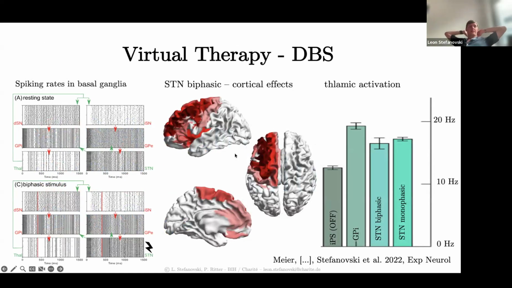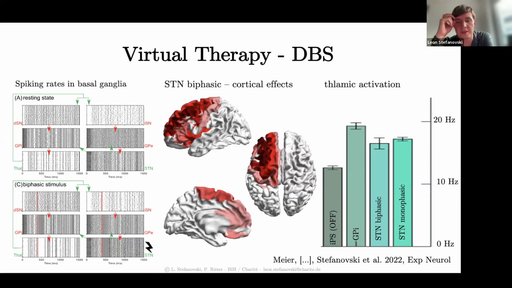I spoke already a bit about stimulation. We can, of course, also implement stimulation in the virtual brain, and actually the creativity has no limits because it's an in silico brain, so it can't be harmed. This means we can try out all kinds of stimulations that are available.